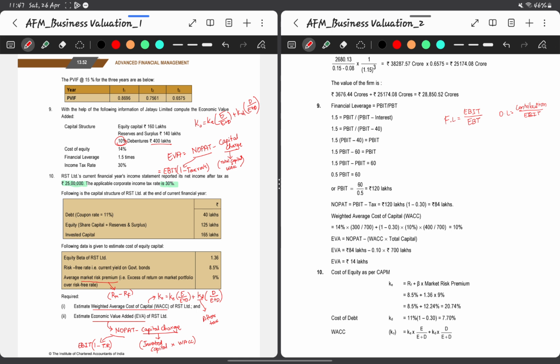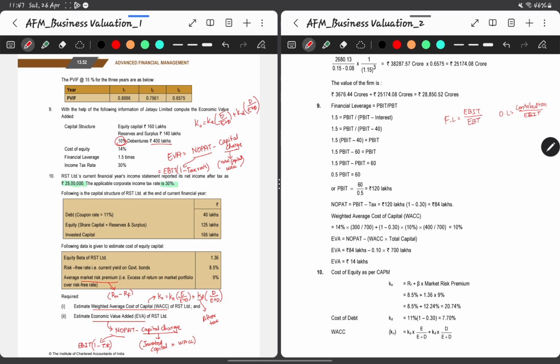EBIT divided by EBT is the formula for calculating financial leverage, and 1.5 times is the financial leverage. If the financial leverage is 1, that indirectly signifies there is no debt involved in the firm, but here debt is there, and we can see 1.5 times financial leverage is there. So reverse calculating, we can find out the EBIT, because that is required for our economic value added calculation.